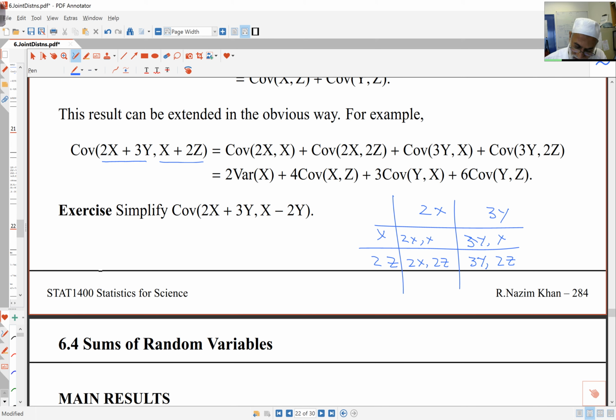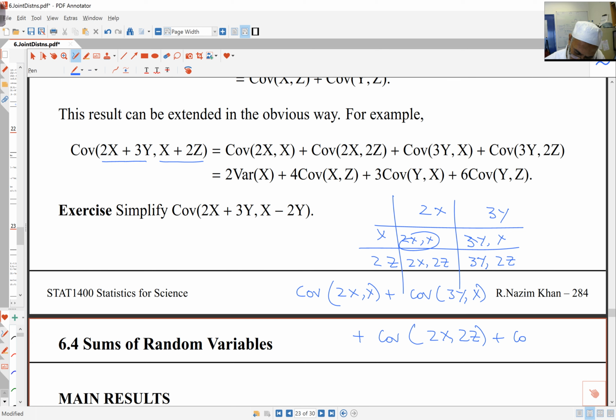So you can see what's going on here. I'll have a covariance for each of these things. The first is the covariance of 2X with X, the next is the covariance of 3Y with X, then the covariance of 2X with 2Z, and then the covariance of 3Y with 2Z, and that's essentially what I have over here.